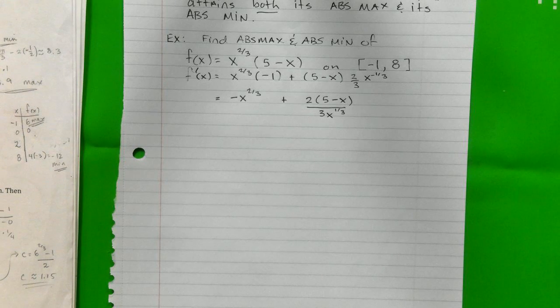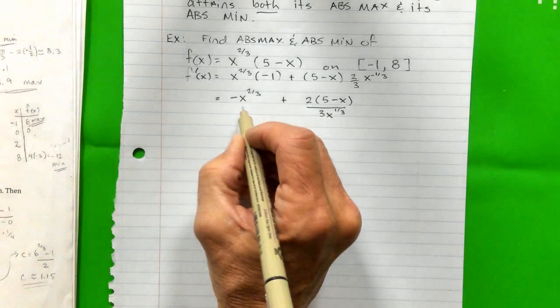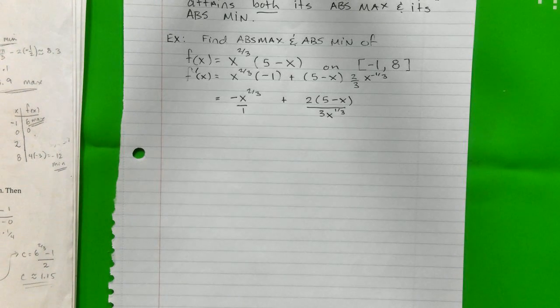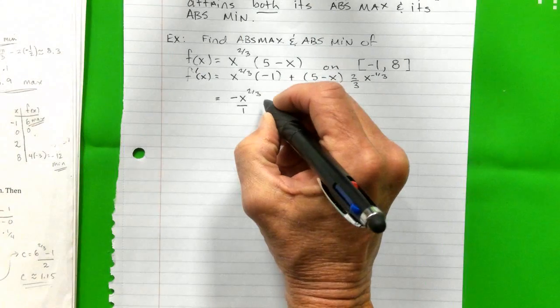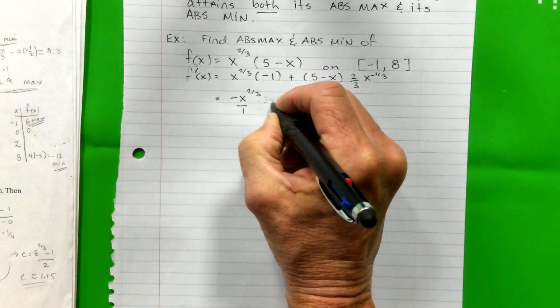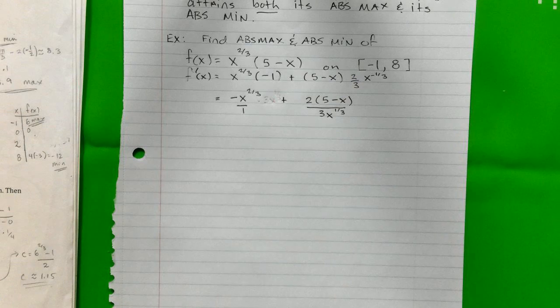So I have negative x to the 2/3 plus 2 times 5 minus x, over 3x to the 1/3. Let's write the right-hand side as a single fraction. And so we're going to multiply that first fraction by 3x to the 1/3 over 3x to the 1/3 to get the common denominator.